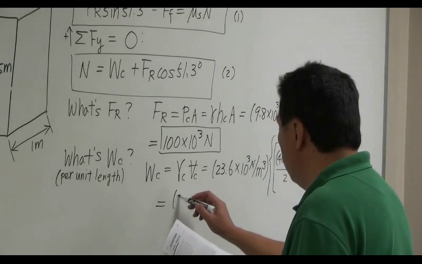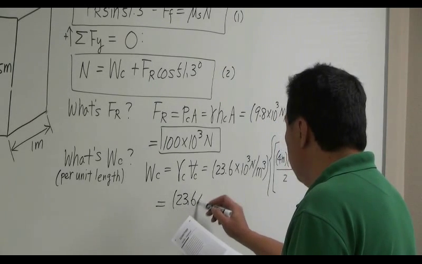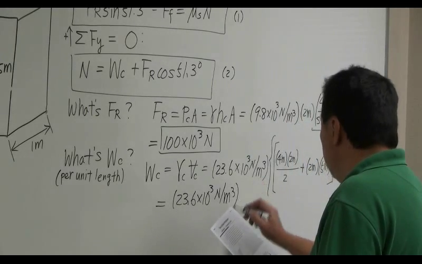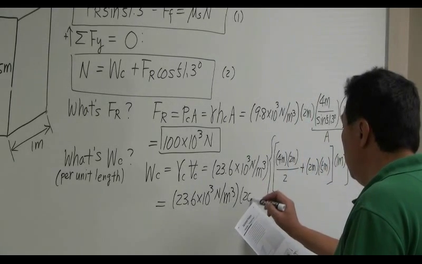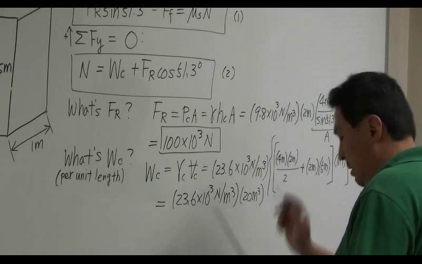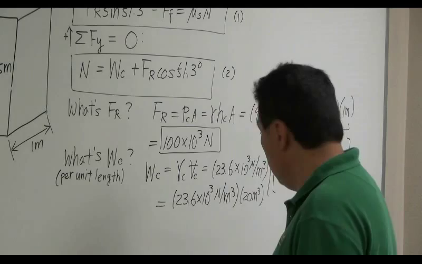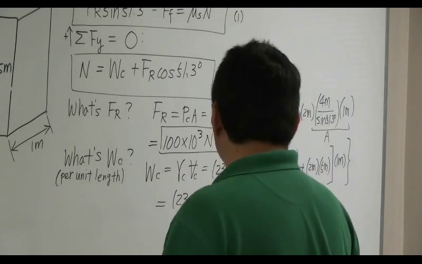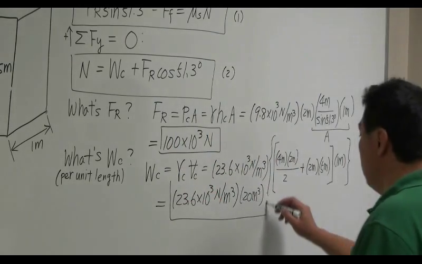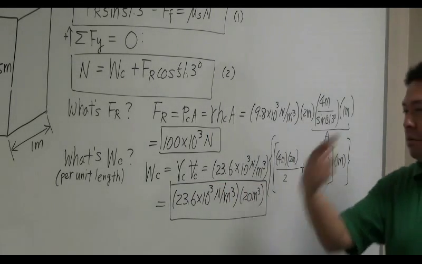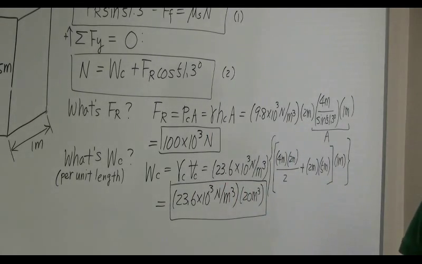So that is 23.6 times 10 to the 3 Newton per meter cube times, this happens to be 20 cubic meters. So this is weight of the concrete. If you multiply those two, you get weight of concrete.